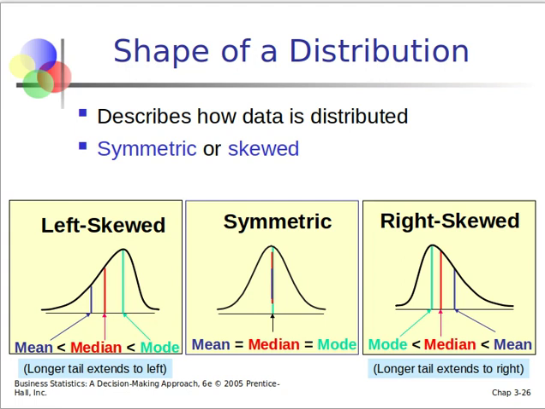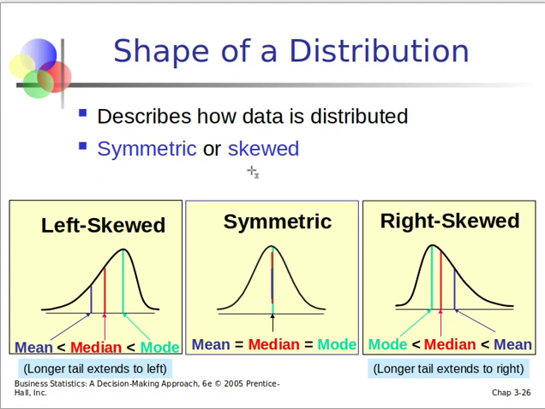Now let's talk about the shape of the distribution of the data elements in a data set. It is often plotted. When the data set is plotted, we can describe if it is something like normal or not normal. It describes the shape of the data set, how data is distributed, whether it is symmetric or skewed.